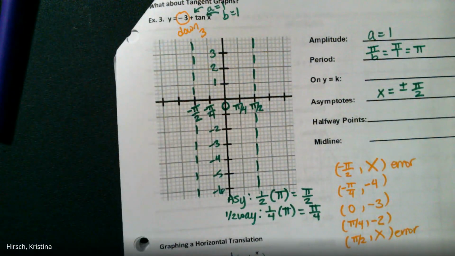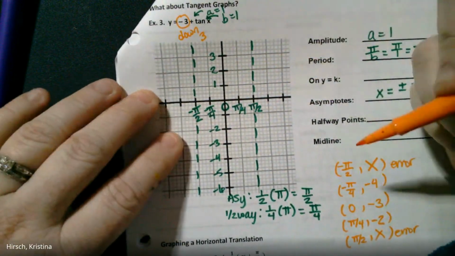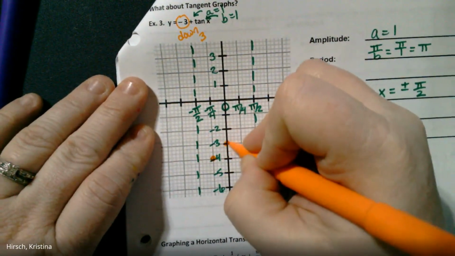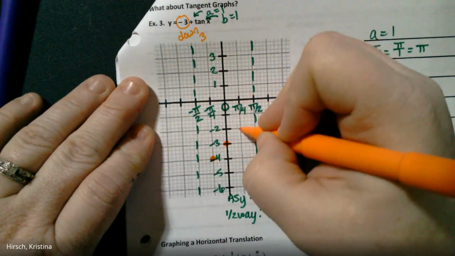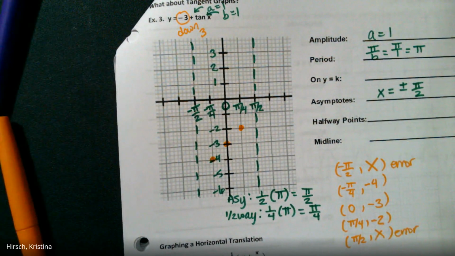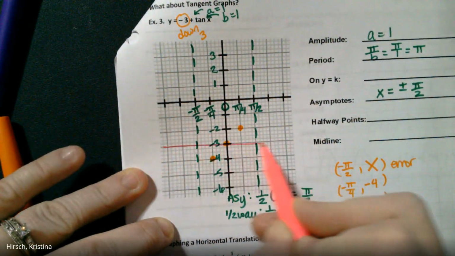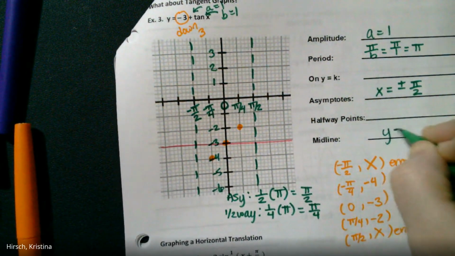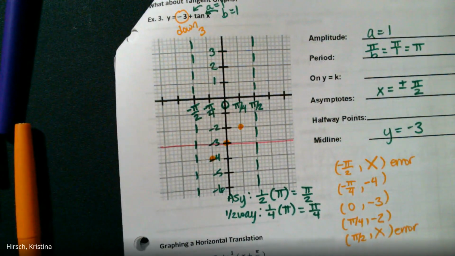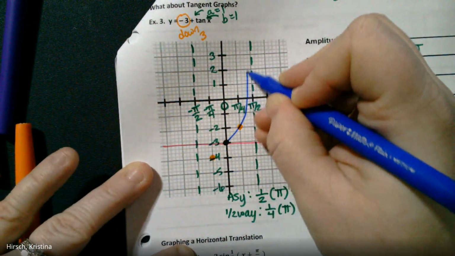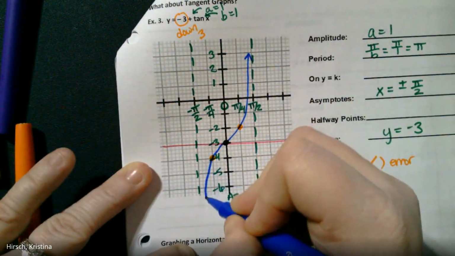So I'm going to plot these points. I have negative pi over 4, -4, 0, -3, and pi over 4, -2. That means that everything meets in the middle right here. This is like that midline. So my midline is at y equals -3. We're going to take that midpoint right there, and curve through our graph, going up towards the asymptote and down towards the asymptote.